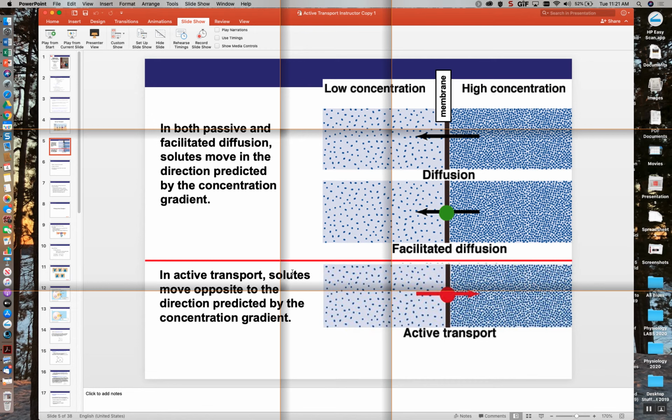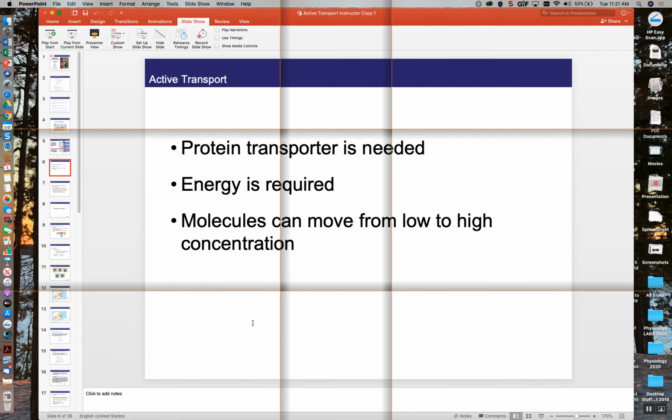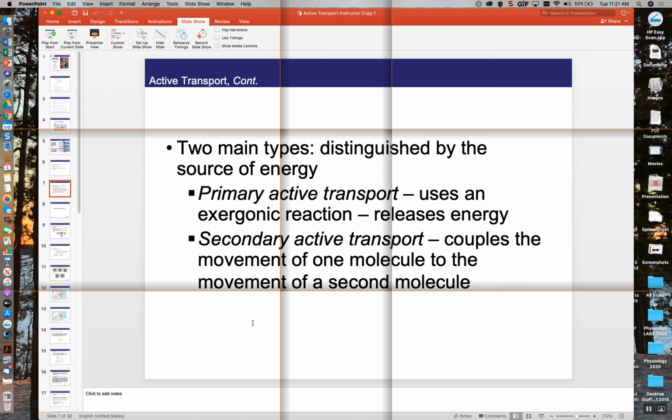The difference between primary active transport and secondary active transport is that primary active transport uses a reaction that releases energy, right? It actually uses, say, the hydrolysis of ATP. When ATP is broken down into ADP and Pi, that energy that's released is harnessed to move molecules against their concentration gradient.